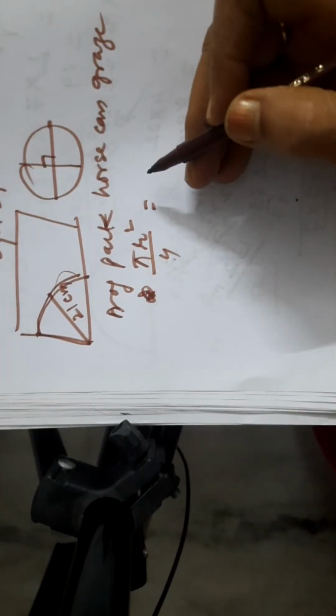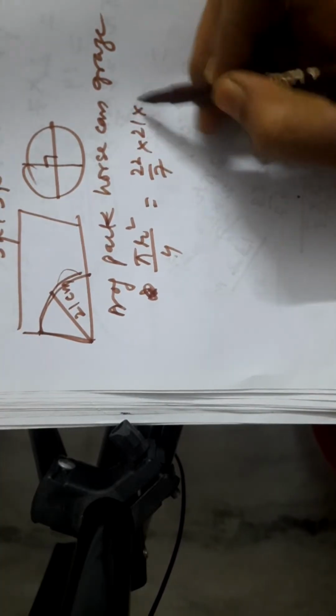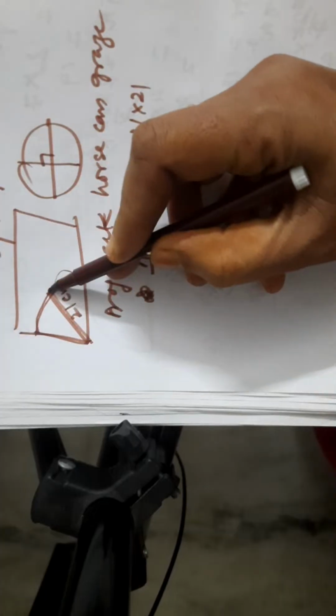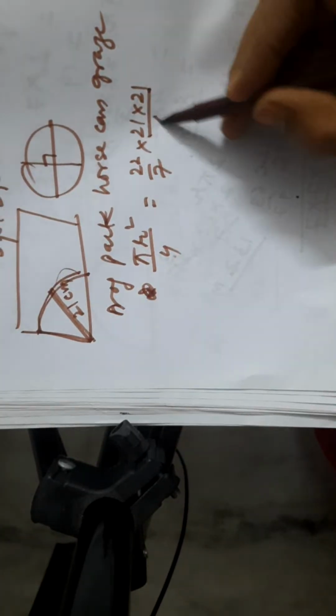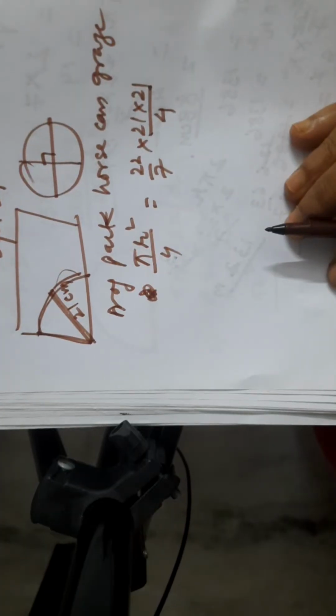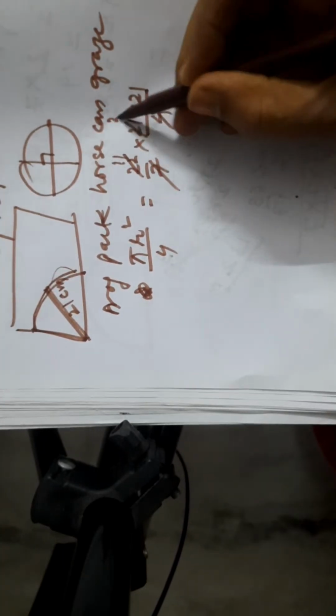Now pi value is 22/7. Radius is 21, as it is given, it is tied with the rope of 21, divided by 4, as the circle is being divided into 4 parts. So here 11 2s are 22, 7 3s are 21.